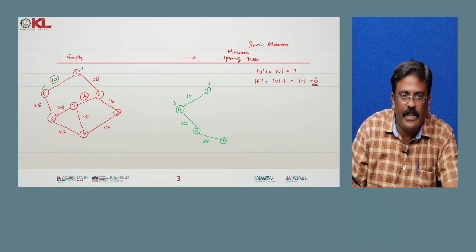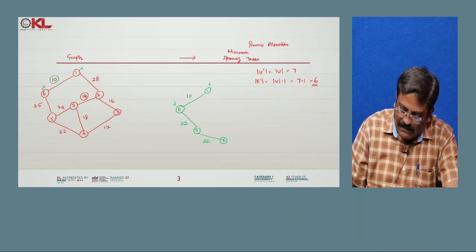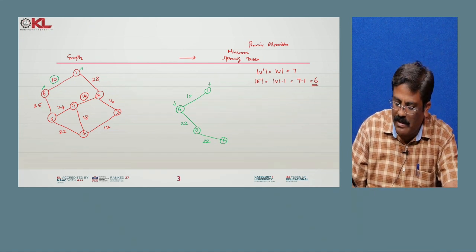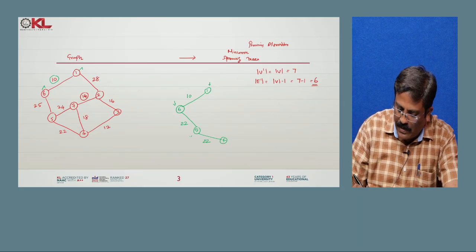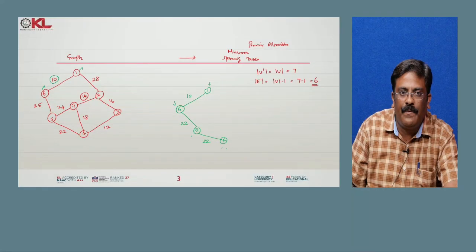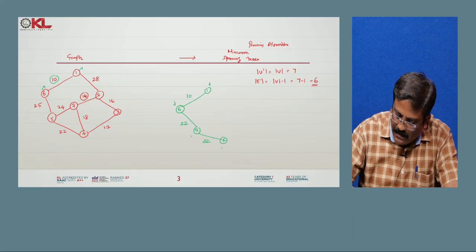From 5 we can visit 7, with weight 24. From 4 we can visit 3, with weight 12, because 5 to 4 is already visited. Now we cross check 1, 5 and 4, among which 4 to 3 has the least weight, so I am visiting 4 to 3, that is 12.